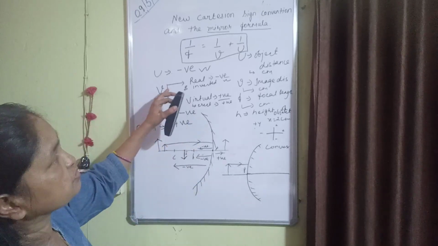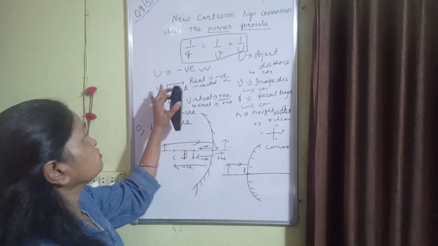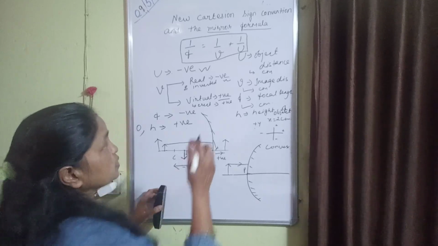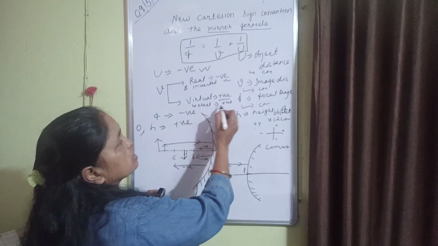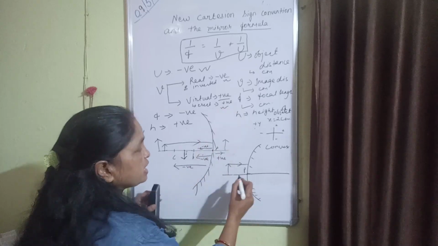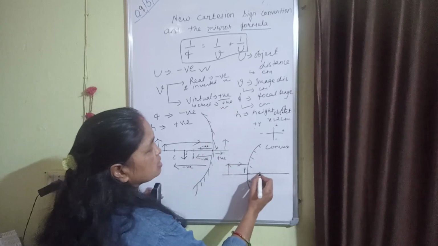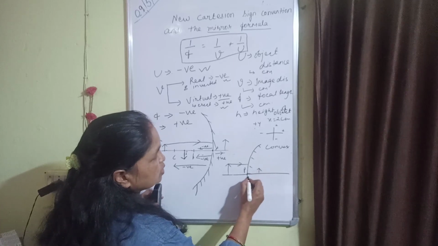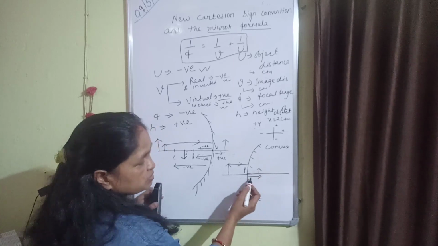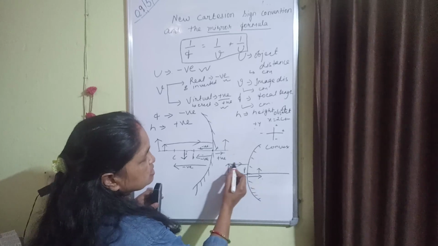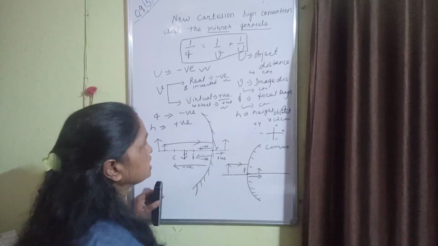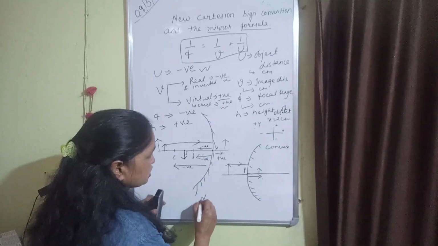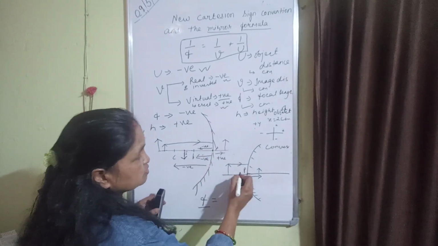And what about V? In a convex mirror, V is always virtual and erect, so it is positive. For a convex mirror, the image is forming at the side of the polished surface. So from the pole to this image, we are measuring the distance in the same direction as the incident ray, so it is positive. Only the difference is the focal length. What is the focal length for this?